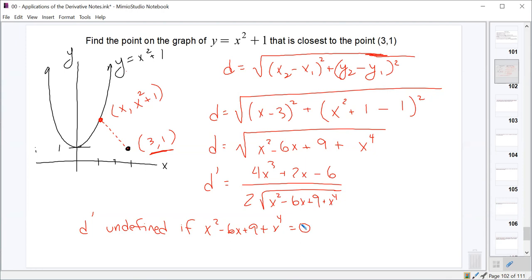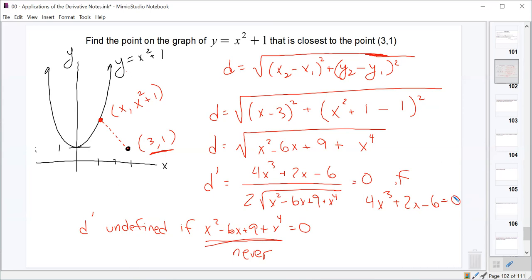We already said that the distance is never going to be equal to 0, and that's the same thing that's inside of our square root in our distance formula. So we could say that's never true. And so d prime only equals 0 if the numerator, 4x cubed plus 2x minus 6, equals 0.